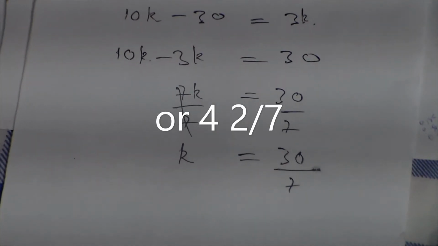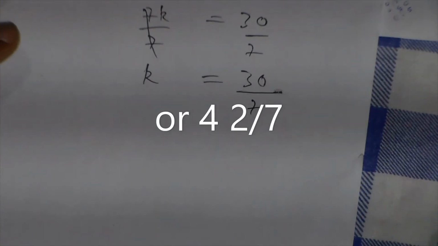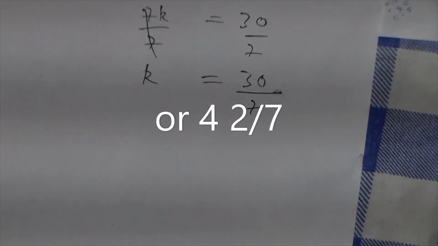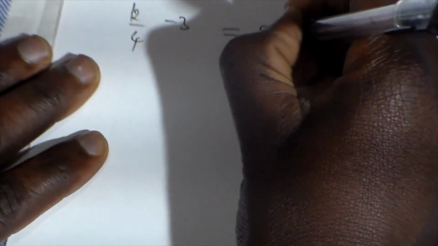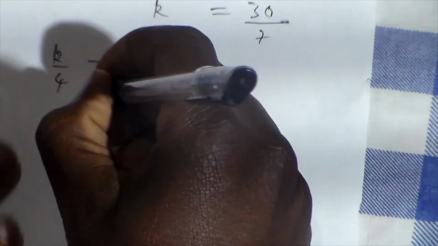Now, getting on to part D of my question 2, it is also an equation involving fractions. Okay, the same: k over 4 minus 3 is equal to 2k over 5.